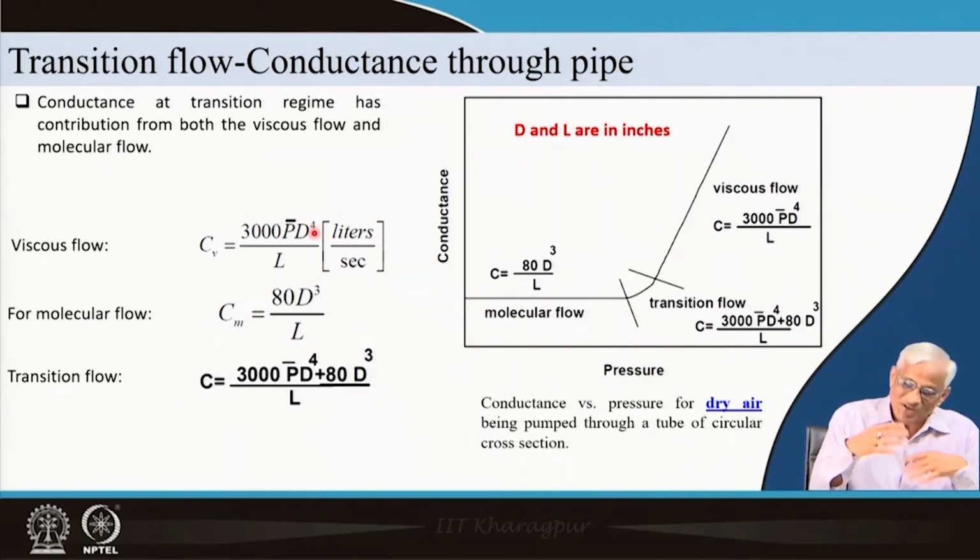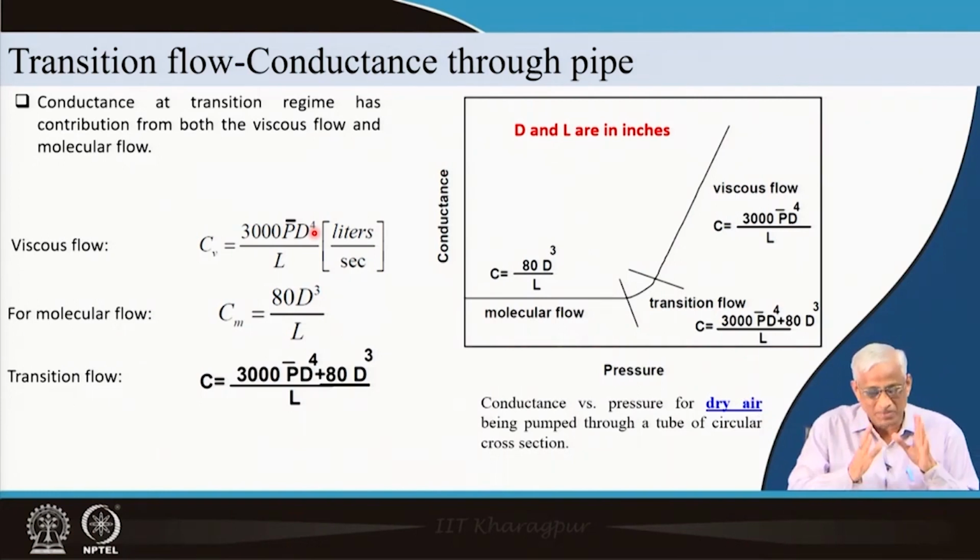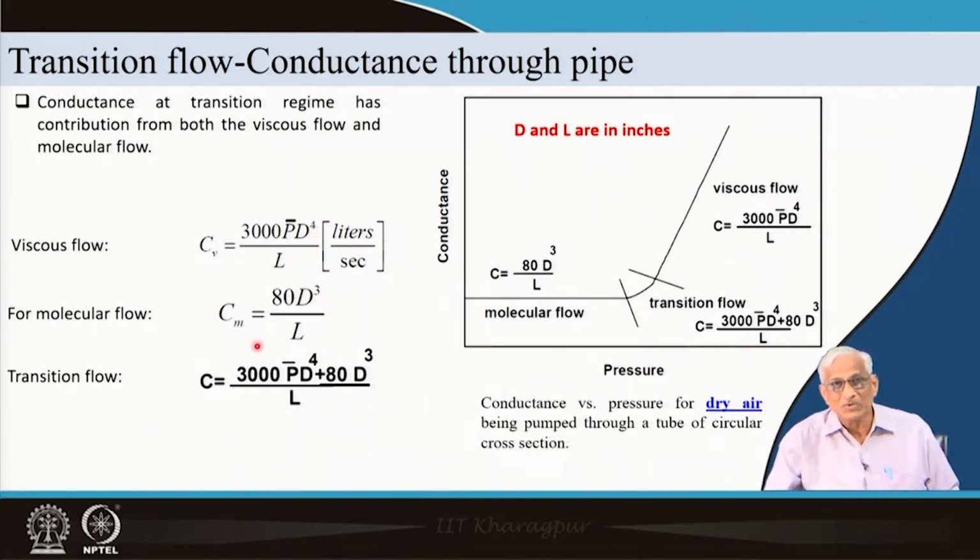If it is a mixture, some additional complications are there. We will see all these things as we proceed to the applications later, but here I am taking air. So in transition flow, as I told you, both are operating in parallel, so you will have to add them.